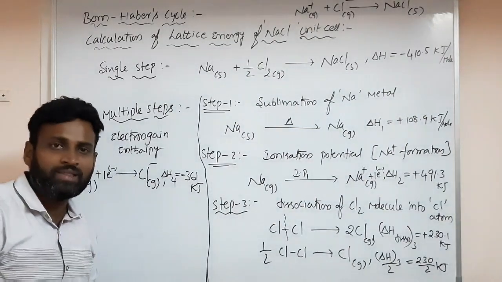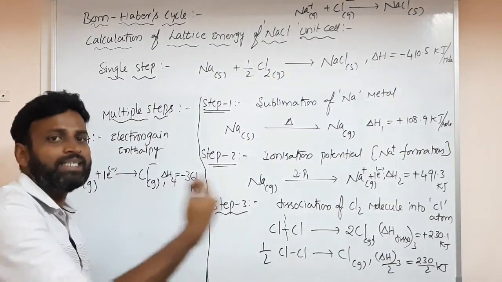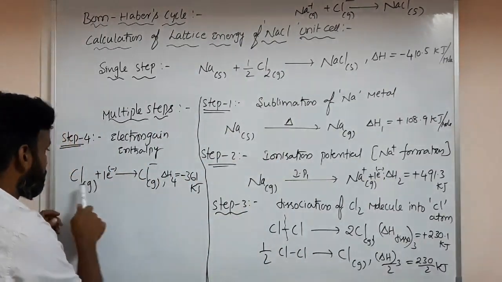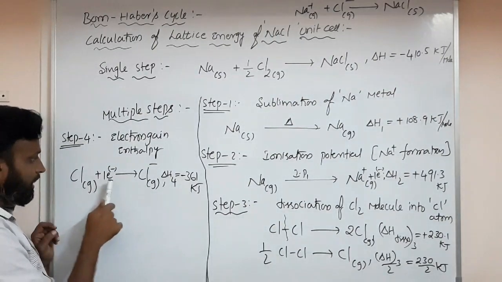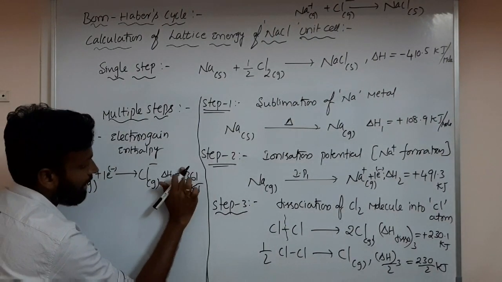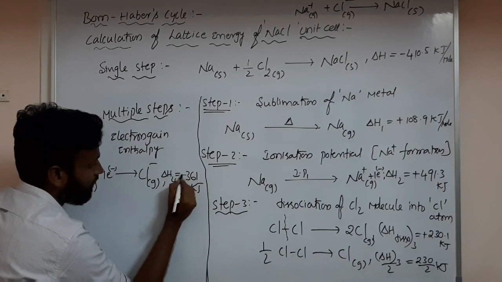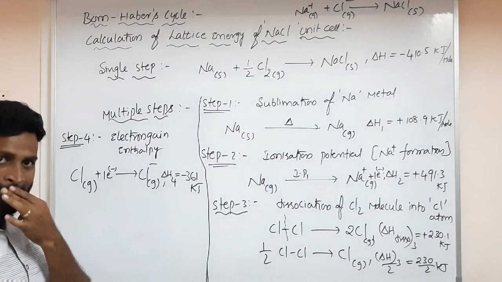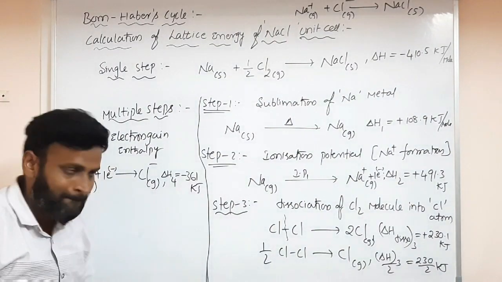What is electron gain enthalpy? The amount of energy released when an electron is added to a neutral isolated gaseous state atom. This is a neutral atom. When you add an electron to a neutral atom, energy is released. That's why you have a minus here: minus 361 kilojoules. Following, everyone?